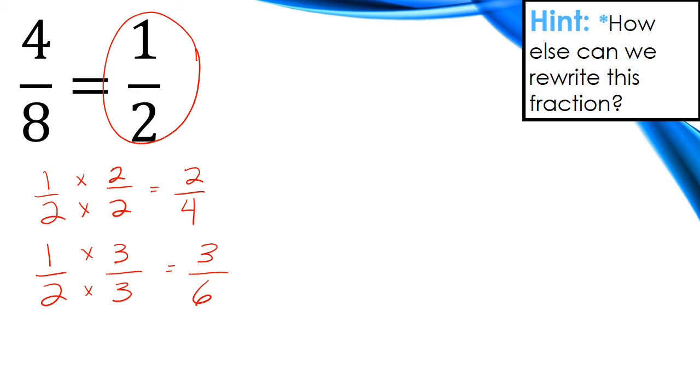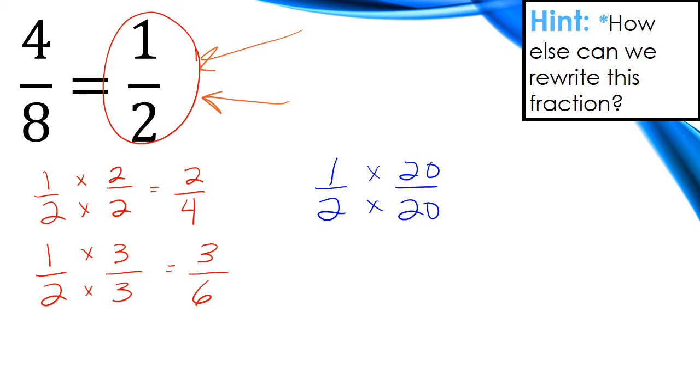And we can keep going. You can pick any number to multiply the top and the bottom by, and all we are doing is rewriting this fraction 1/2. All we're doing is rewriting it. So we could pick any number. So you can do 1/2 times 20 over 20. So we're going to multiply the top and the bottom by the same number. That equals 1 times 20 is 20. 2 times 20 is 40.